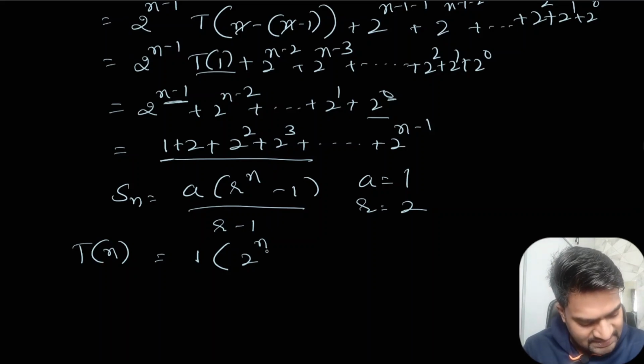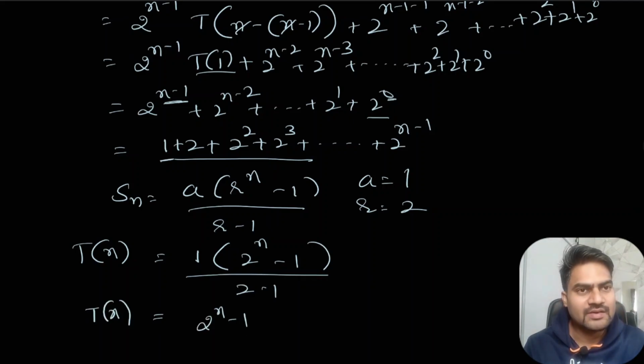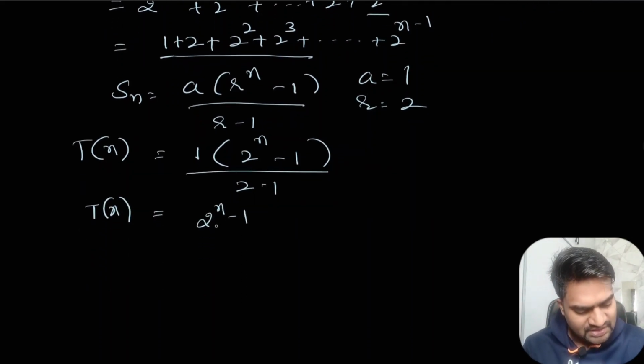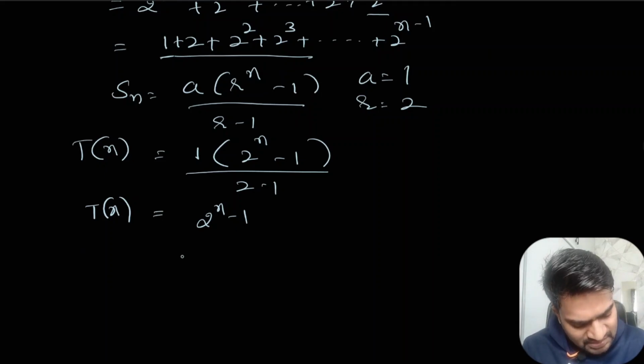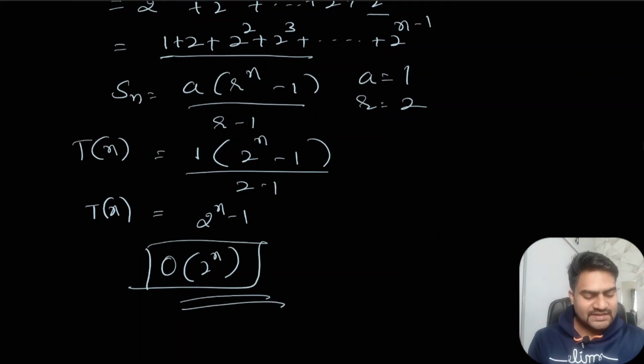So I am taking it as 2 to the power n minus 1 divided by 2 minus 1. So this equation becomes Tn equal to 2 to the power n minus 1. So if we ignore this constant term, it becomes of order 2 to the power n. So this is how we compute the time complexity for the equation.